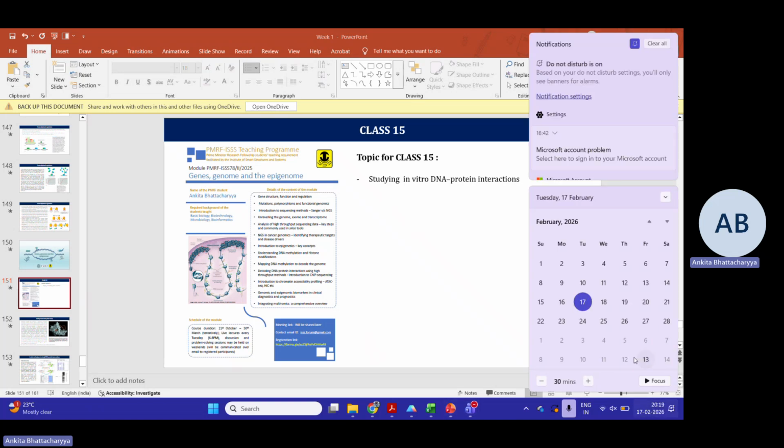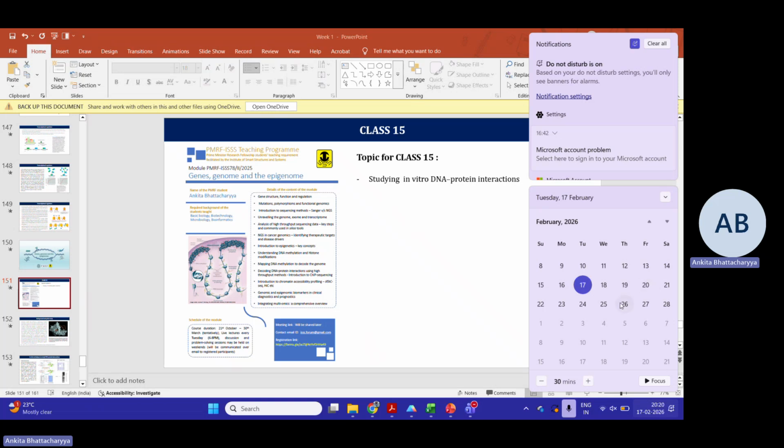And just to get an idea for the class, I've opened up the calendar for your reference. Since today is the 17th, and we had to miss a couple of classes because of some other commitments that I unfortunately had to take care of at the very last moment, our next class is going to be on Friday the 20th, 24th, 27th, 3rd. Then again, we'll not have this particular class. So this is class 15 today.